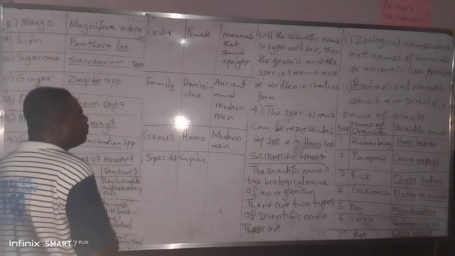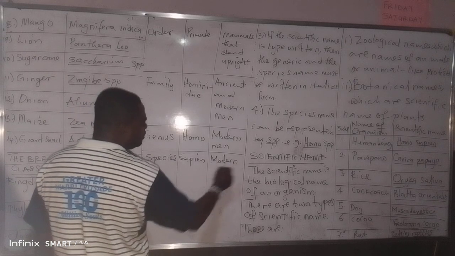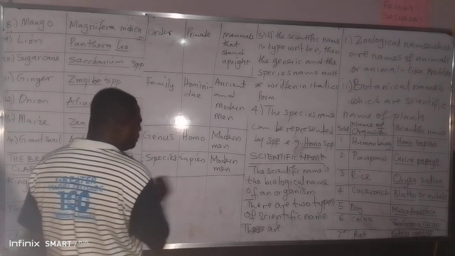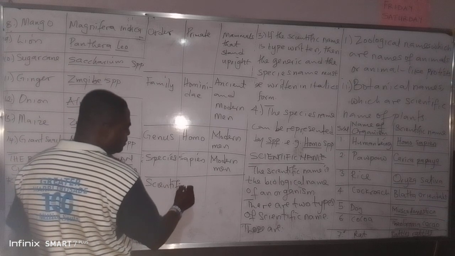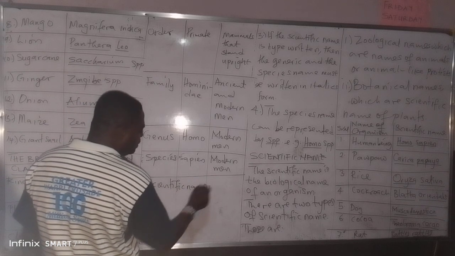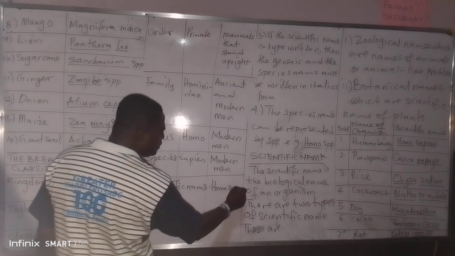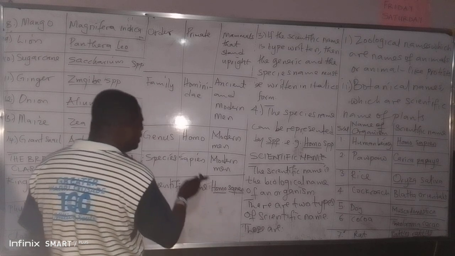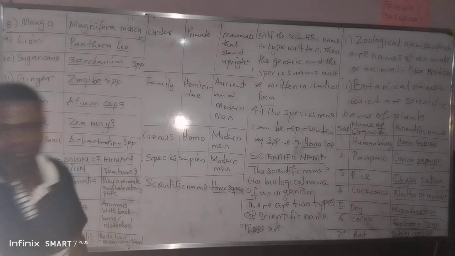So the scientific name now is Homo sapien. That is Homo, the generic name, sapien, the species name.